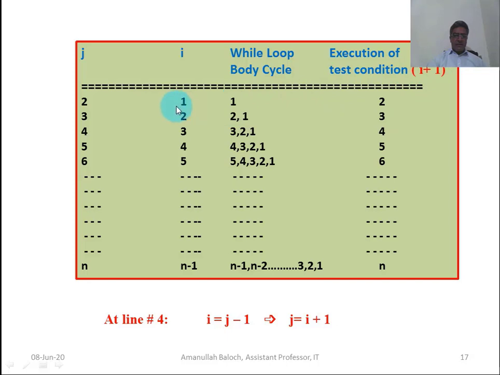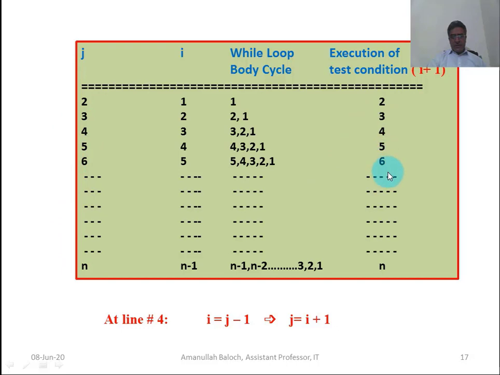The body will execute I times, and the test condition will execute I plus 1 times. If the body executed 2 times, because the value of I is 2, then I plus 1, that is 2 plus 1 is equal to 3, then the test condition will be executed 3 times. It means the test condition is following the j sample of instances.